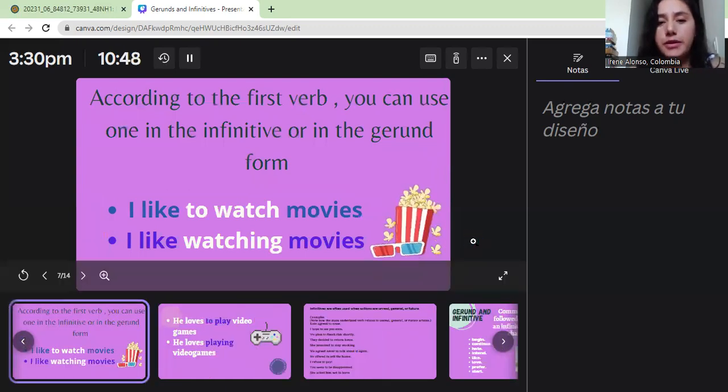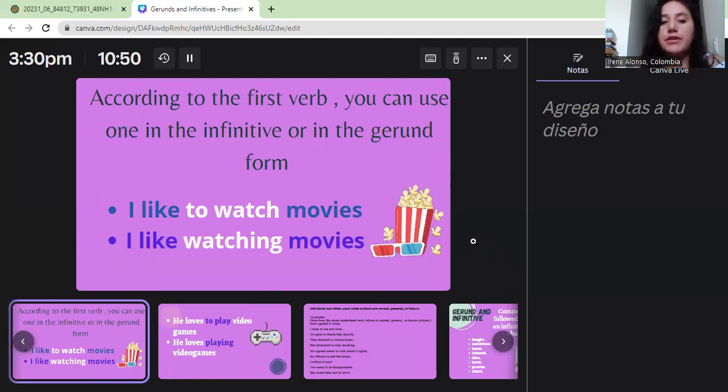According to the first verb, you can use the infinitive form or the gerund form. This kind of verb, like, we can use with gerund or infinitive. In this case, I like to watch movies and I like watching movies.